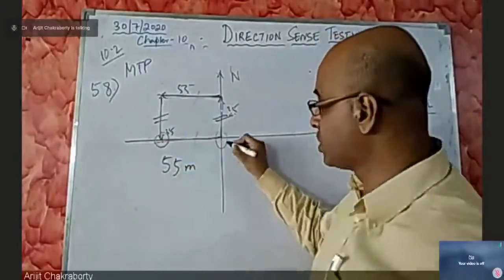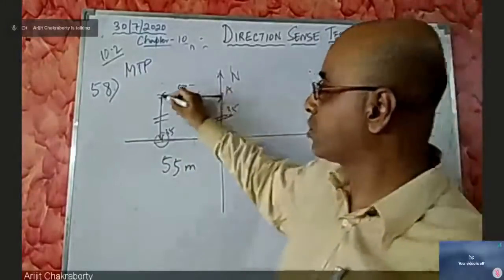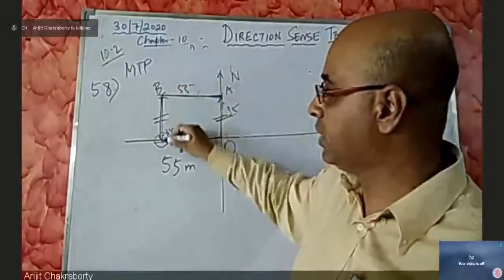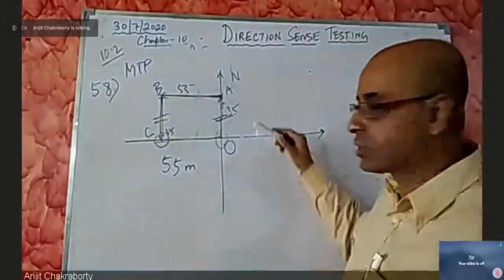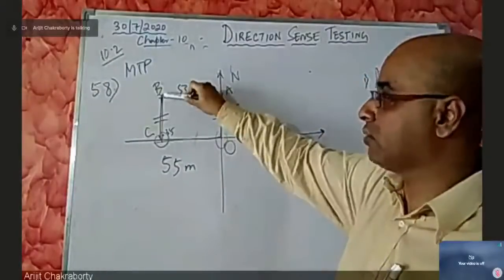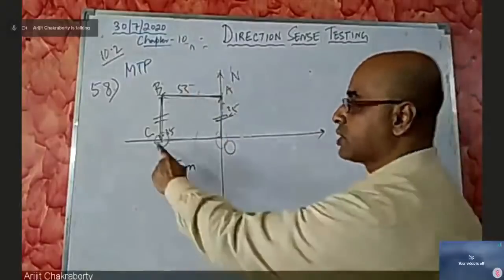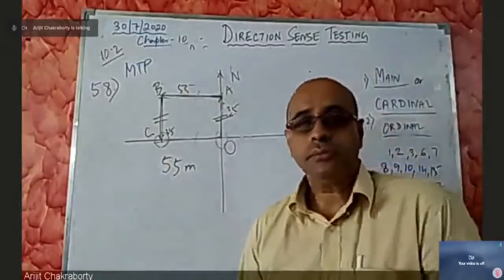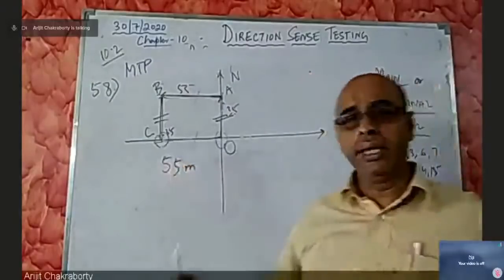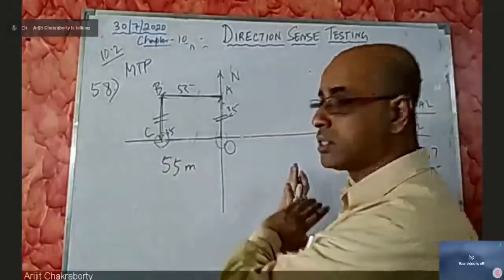His original position is O. From here he went to A. From A he went to this position B. From B he came here, C. So he started from here, went up, went to the left, went down, and stopped here at C, started from O. Therefore, the linear distance is 55 meters and direction is west.